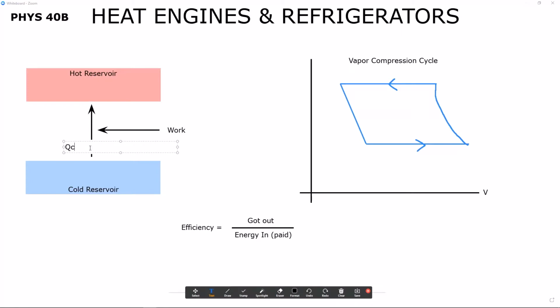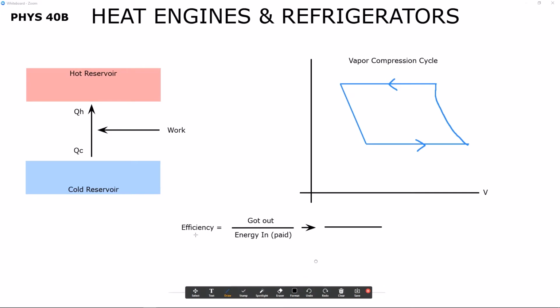So if we write this as QC, the energy that we were able to remove from the cold reservoir, QH, the amount of energy that goes into the hot reservoir, and we'll just leave W for work, the amount of energy we're putting into the system. What do we want out of the system? Well, we're not trying to heat up the area around us, so QH isn't what we're looking for. What we want to do is cool down the inside of the refrigerator. So QC in this case would be what we want. So we'll sort of extrapolate that here.